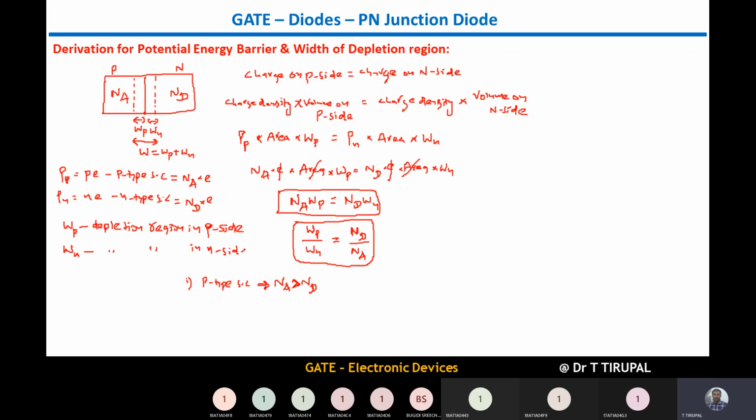Now the question is: if the semiconductor is p-type, so that the acceptor concentration is greater than the donor concentration, Na greater than Nd, what about the depletion regions?